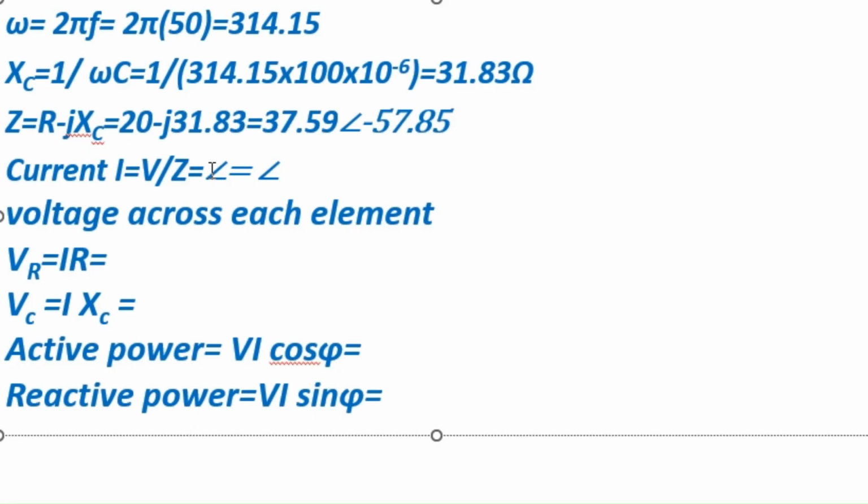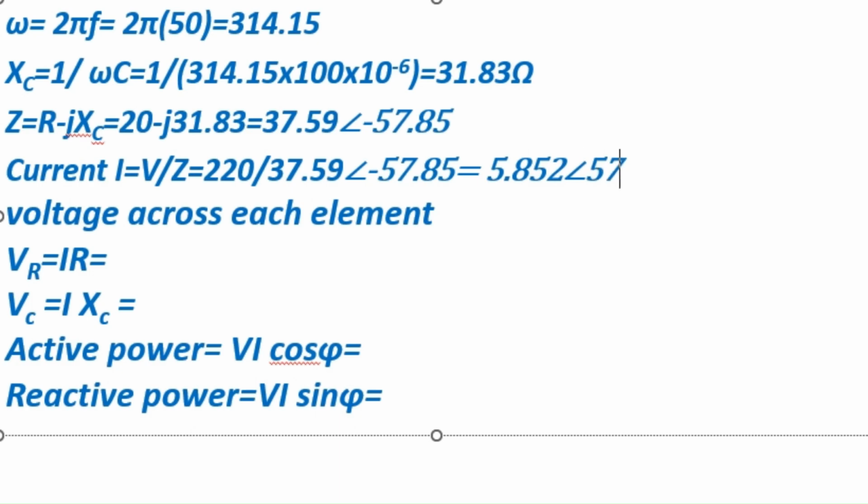Now by using the formula I equals V by Z, where the value of V is 220 and the value of Z is 37.59 at an angle of minus 57.85, we can obtain the value of current I as 5.852 at an angle of 57.85.